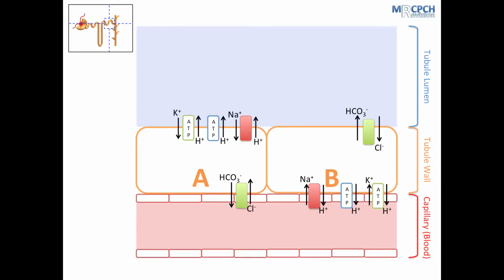So it does exactly the same job as the type A cell, but in reverse. So instead of reabsorbing bicarbonate and secreting protons, here we secrete bicarbonate and reabsorb the protons. So the type B cells act when we're in a state of alkalemia in an effort to correct that.